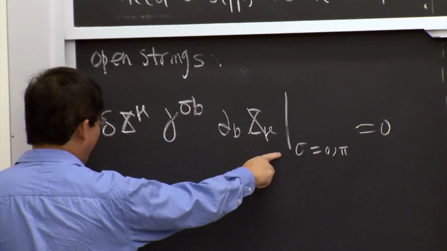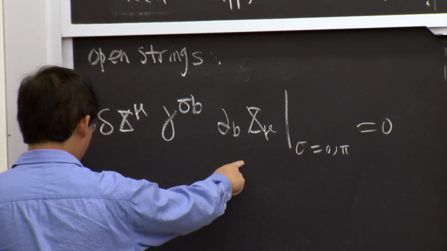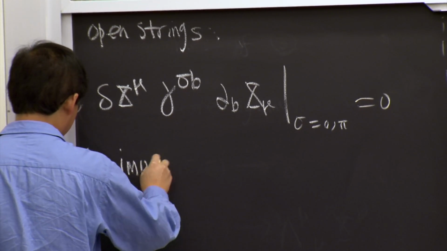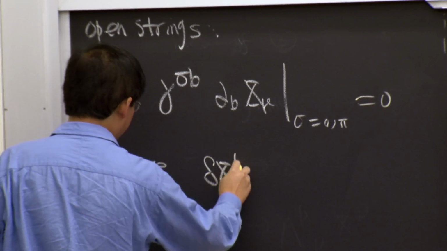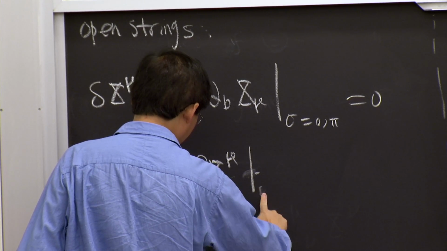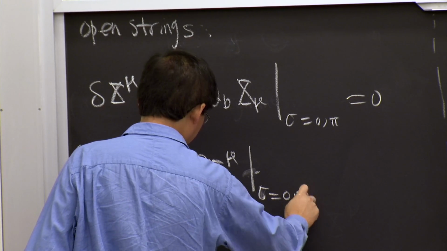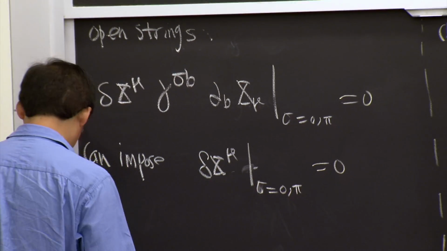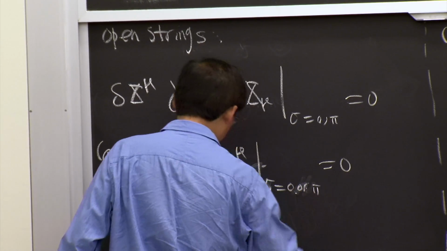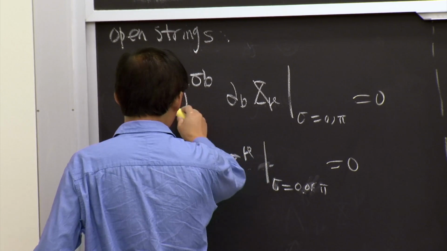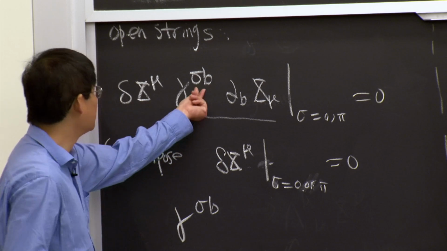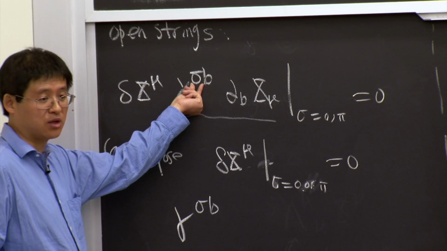So this tells us we can actually impose two kinds of boundary conditions. Either delta x mu has to be 0, evaluated at sigma equal to 0 or pi. Sigma 0 or pi does not have to be the same. Or this thing, gamma sigma B partial B x mu, is 0. The reason for the sigma here is that we are interested only in the boundary term in the sigma direction.